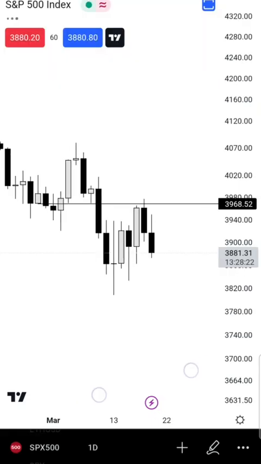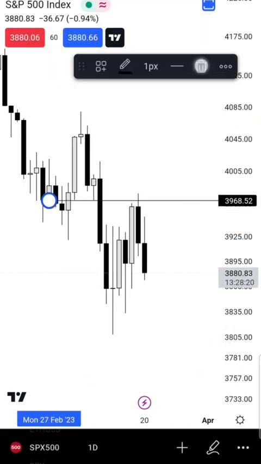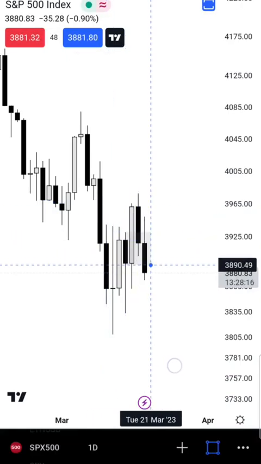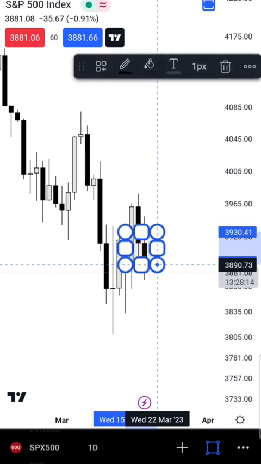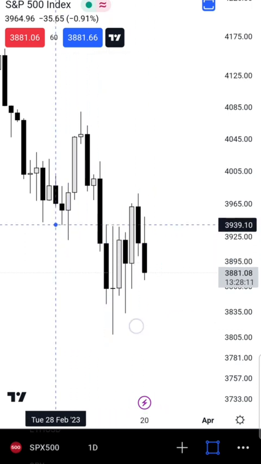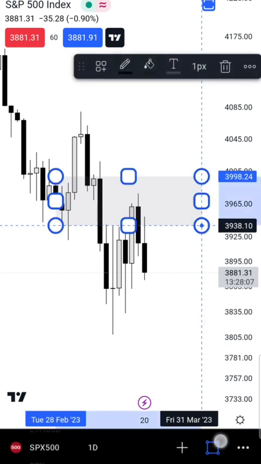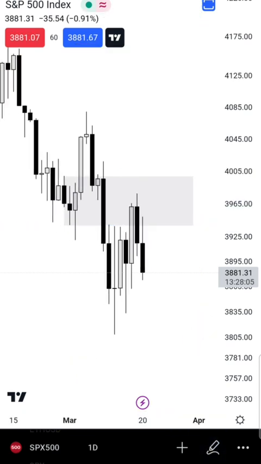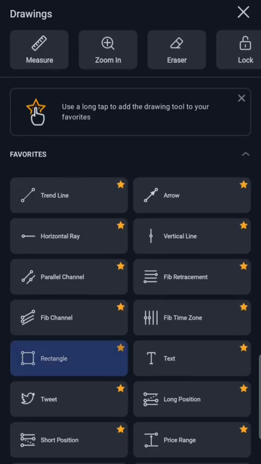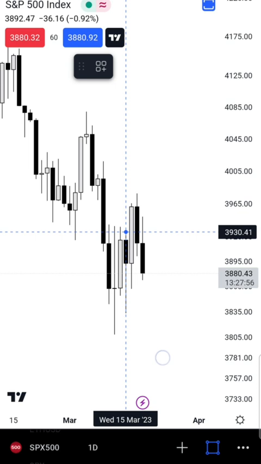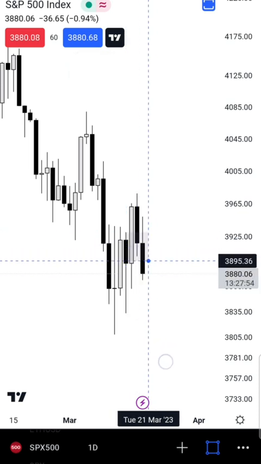So at the daily, we are disrespecting this bullish order block. The daily candles are respecting bearish PD arrays, like this breaker, and disrespecting bullish PD arrays, like this one over here, this order block lookalike.